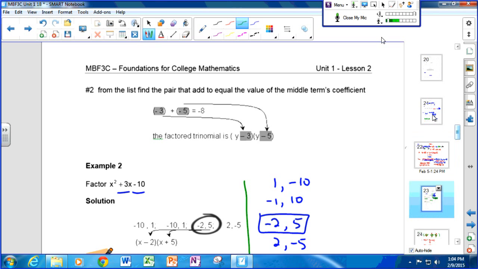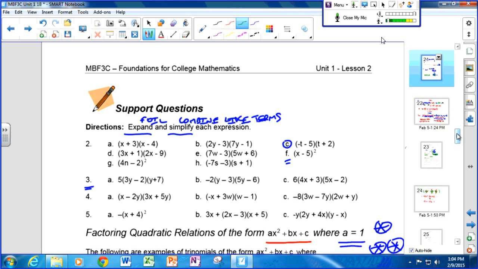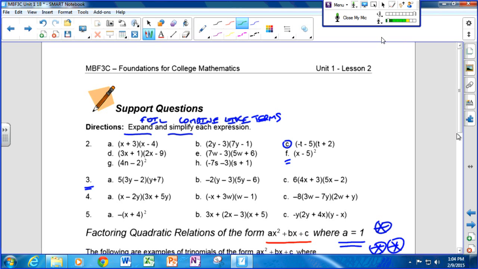Okay, let's see here. So on Thursday we were looking at using FOIL to multiply two binomials together. The two things in brackets, each one of those is called a binomial because there are two terms. And we just use FOIL to multiply those together.